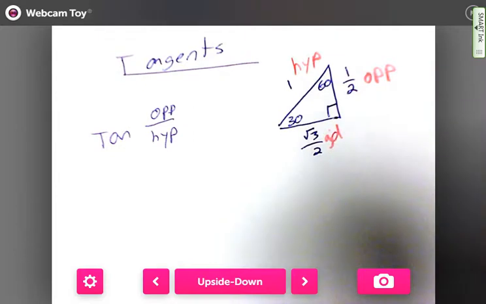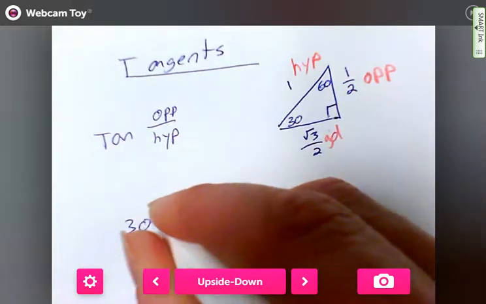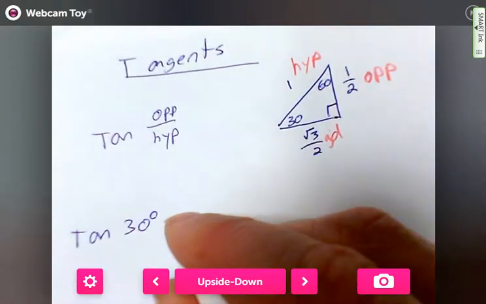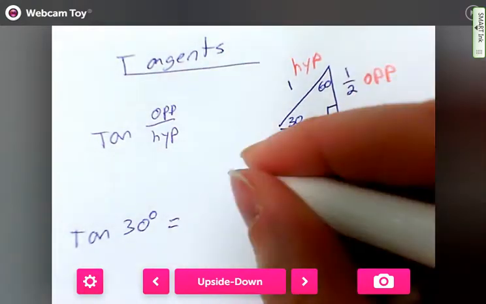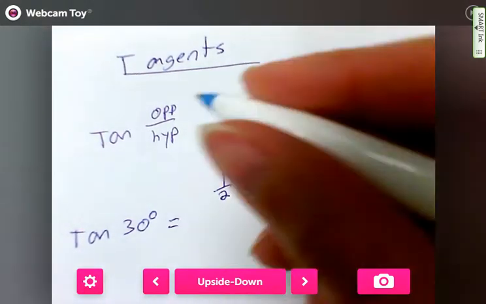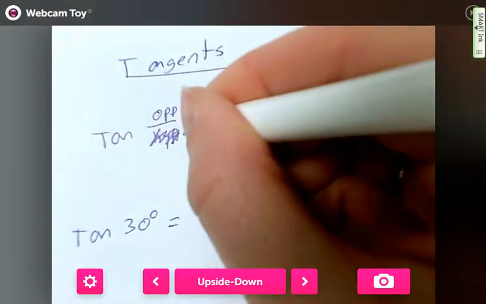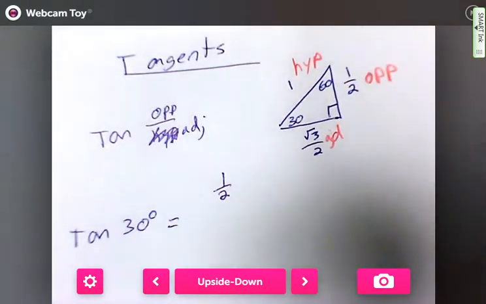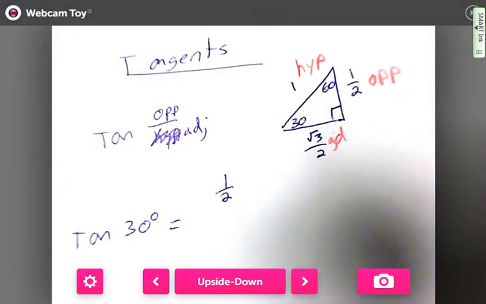Tangent of 30 degrees equals my opposite, which is 1/2. Oop, not opposite over hypotenuse. Opposite over adjacent. Sorry, guys. What's opposite over hypotenuse? This should be in your early notes. Sine, yeah. Opposite over adjacent is tangent.